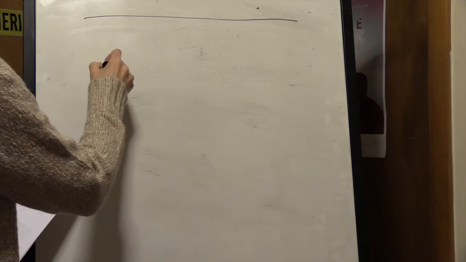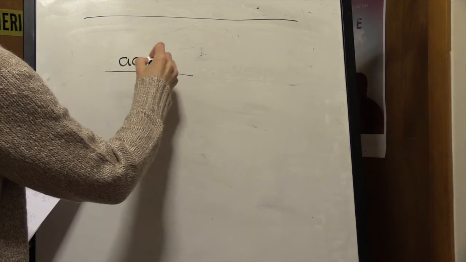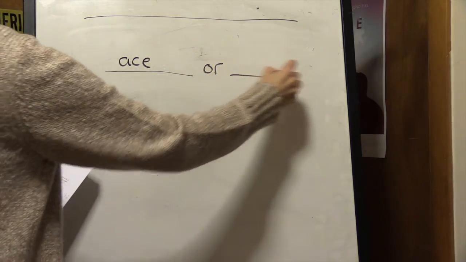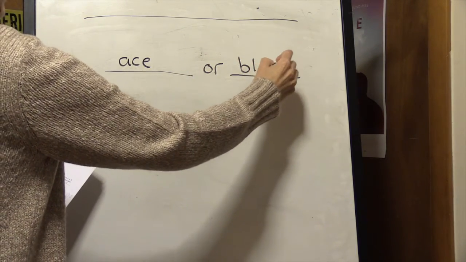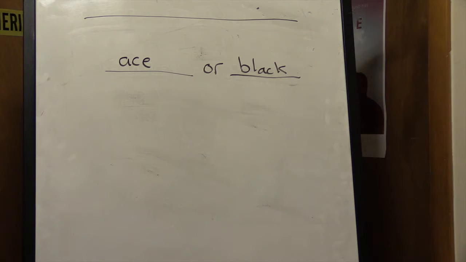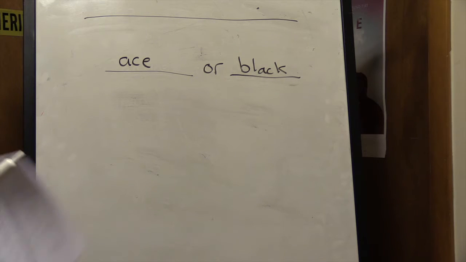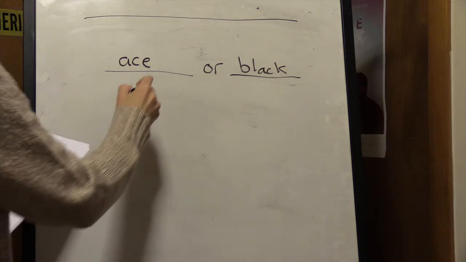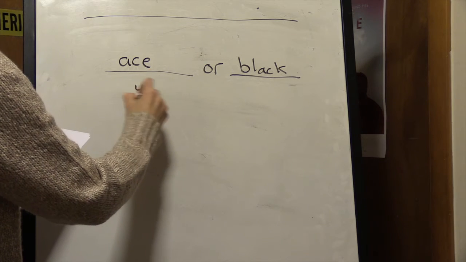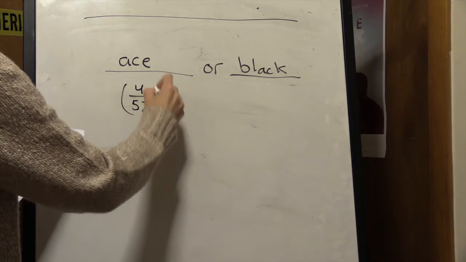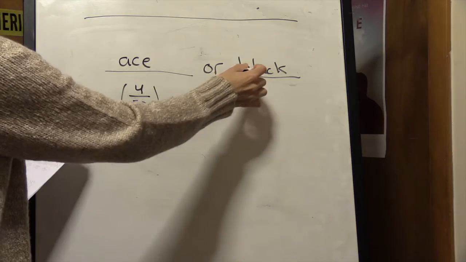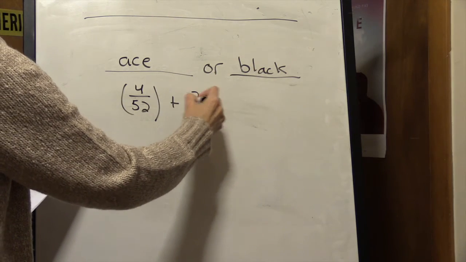And E, the first card is an ace, or the second card is black. Ace, or black. So I've changed it a little bit because we have an or. This is going to be an addition probability. So the probability that the first card is an ace is 4 out of 52. We're going to add that to this probability, which is 26 out of 52.